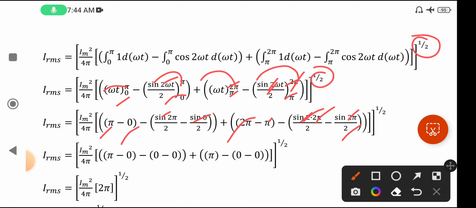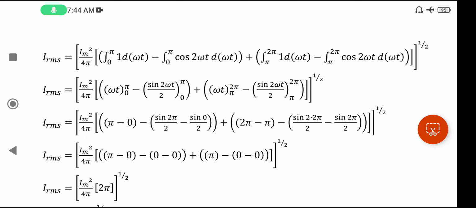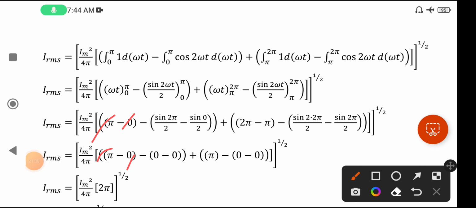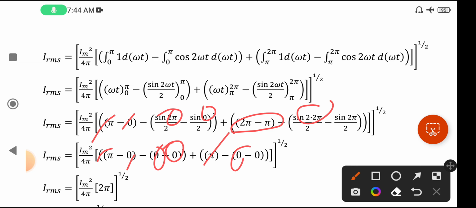Here the value is as it is, but sin 2 pi becomes 0, sin 0 is 0. Here the difference is pi only, and at 4 pi it becomes 0, sin 2 pi is also 0.